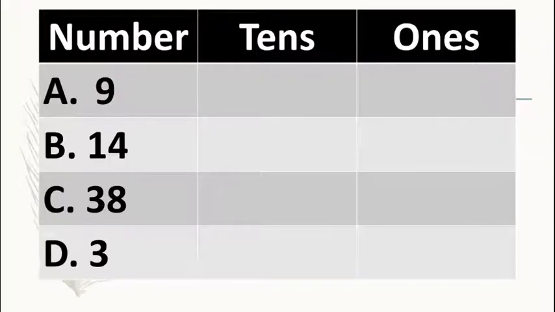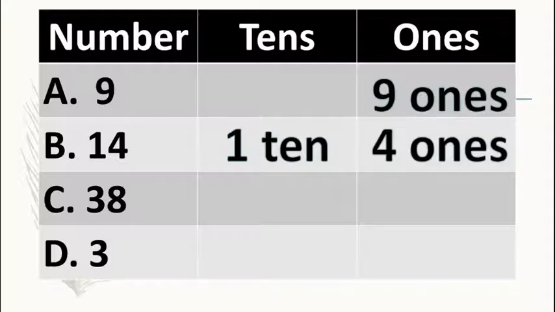If we illustrate our options 9, 14, 38, and 3, we will put them in our tens and ones. 9 is one digit, so we'll put it as 9 ones. How about 14? It is two digits, so we will have 1 ten and 4 ones. How about 38?